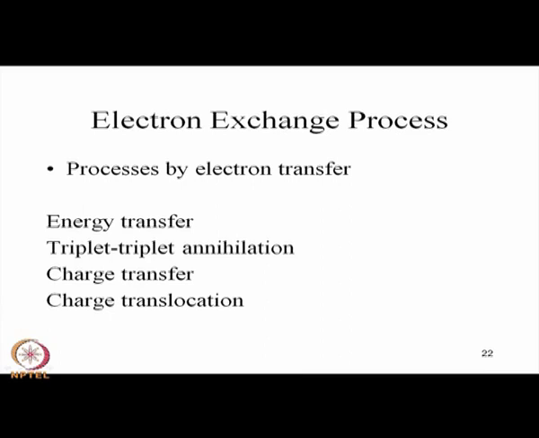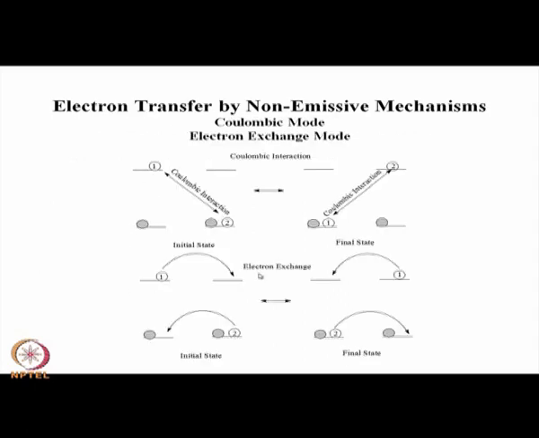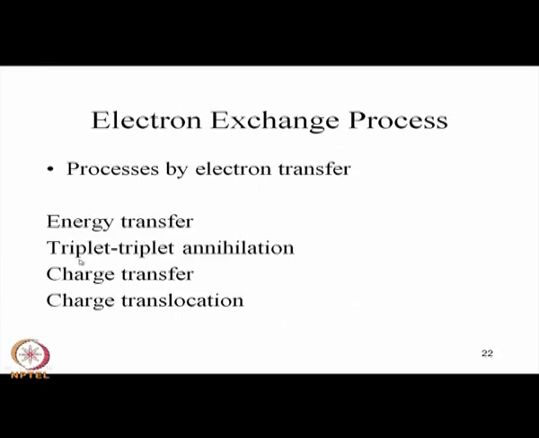So it is important to mention the processes which occur by electron transfer. Electron exchange processes include energy transfer by the Dexter mechanism, where electron exchange takes place, then triplet annihilation, then charge transfer and charge translocation.